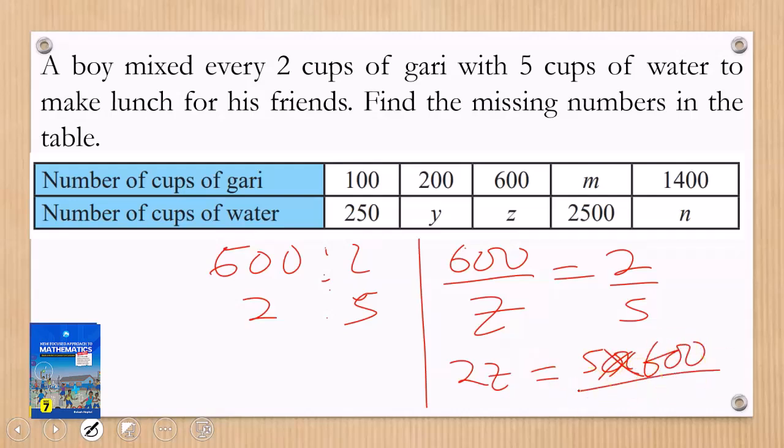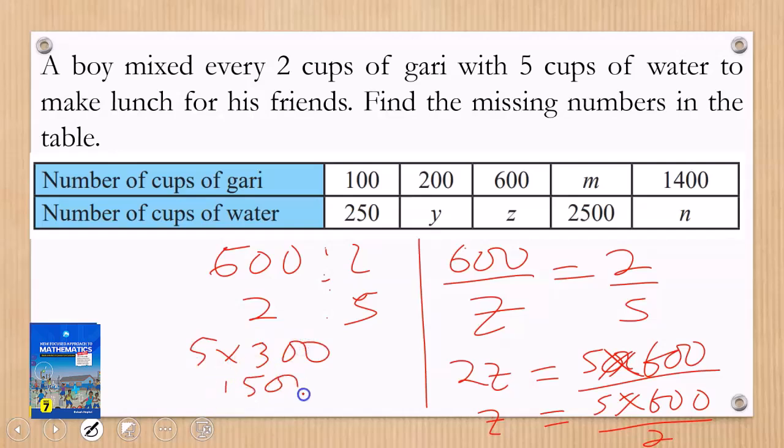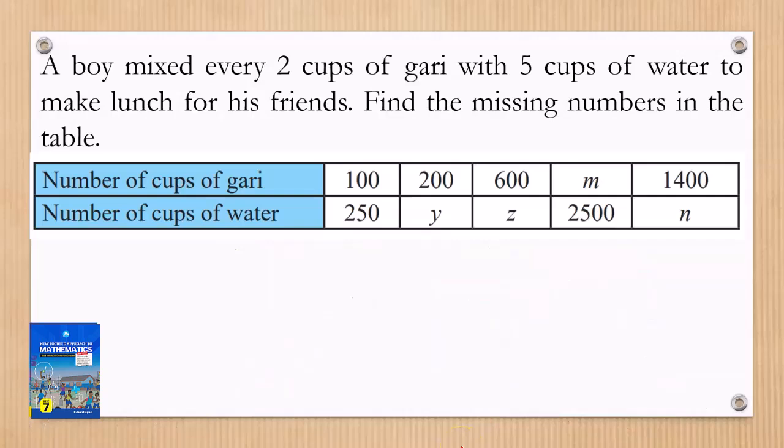When we divide both sides by 2, we have z is equal to 5 times 600 divided by 2. With simple cancellation, 2 divides itself as 1 and divides 600 as 300. So we are going to have 5 times 300, which will be 1,500.